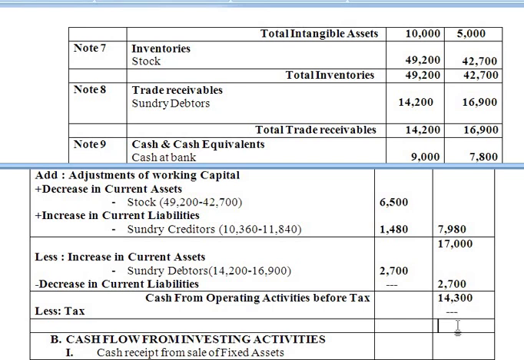Okay, in the next line write the same amount, 14,300, and in front of this what will come? Net cash from operating activities.